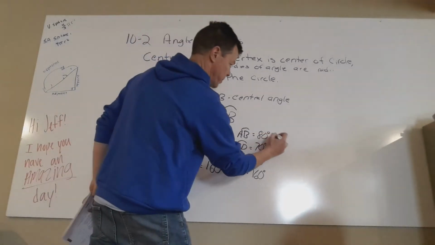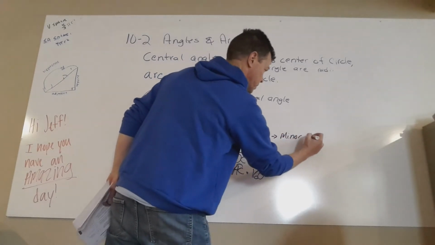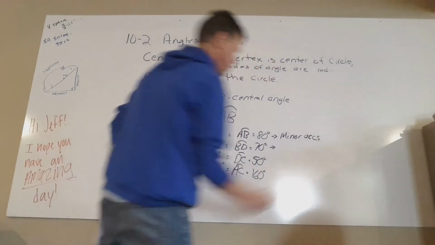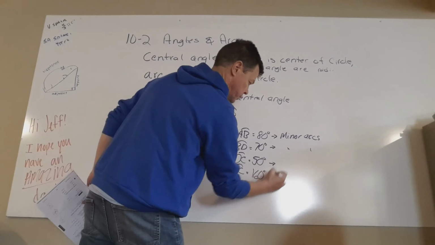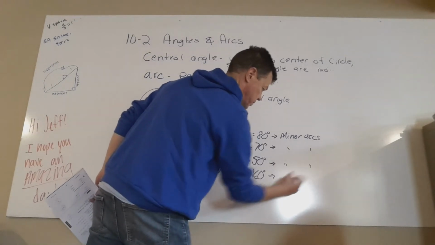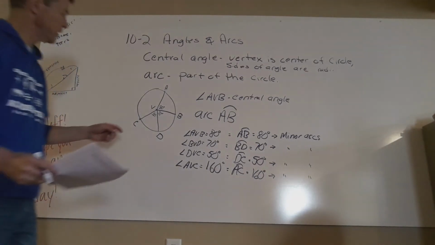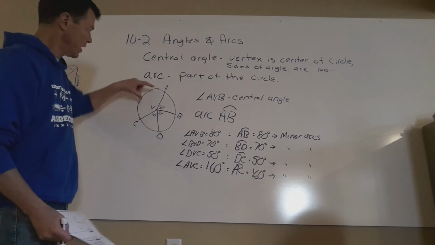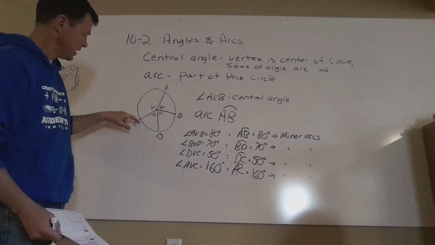These are all going to be minor arcs. All of them are minor arcs. All right, a major arc then would deal with the other side of the minor arc. A major arc would be like ACD.